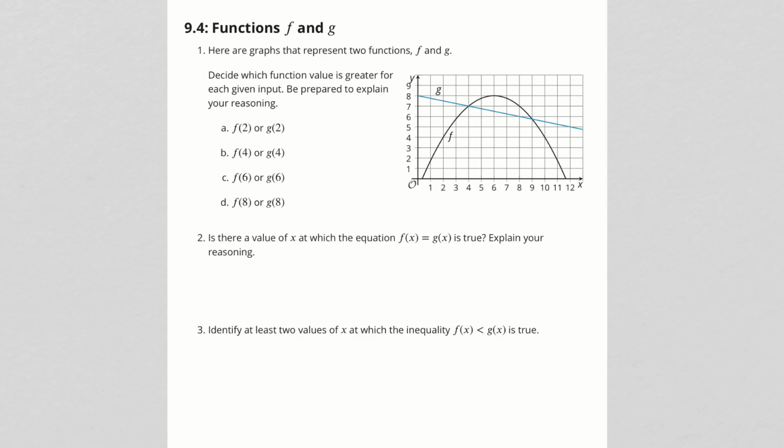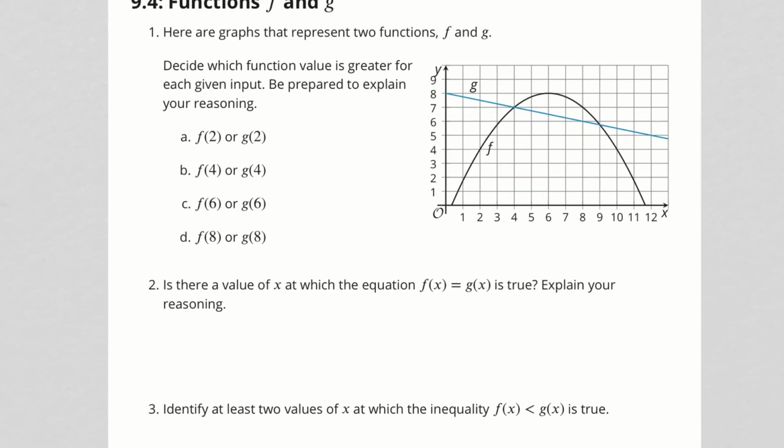So let's look. F of 2 or G of 2? Which one's greater? G of 2. Okay, F of 4 or G of 4? They're the same. Okay, F of 6 or G of 6? Okay, and F of 8 or G of 8?